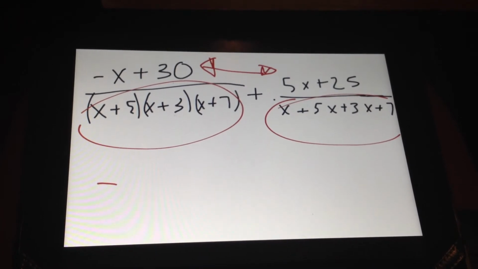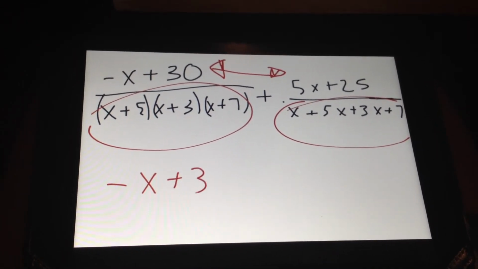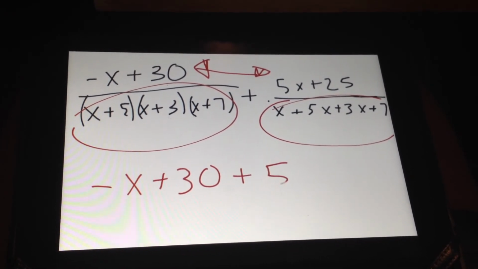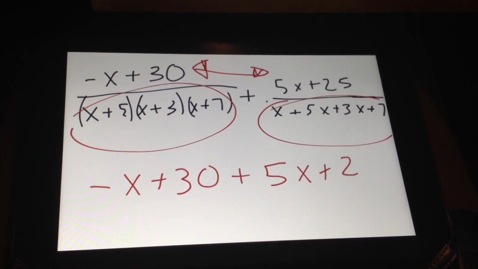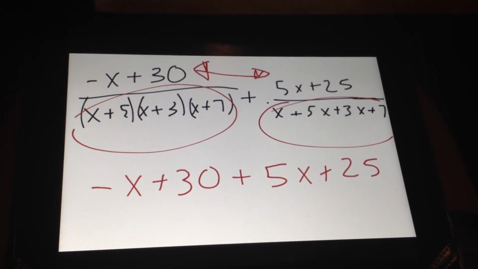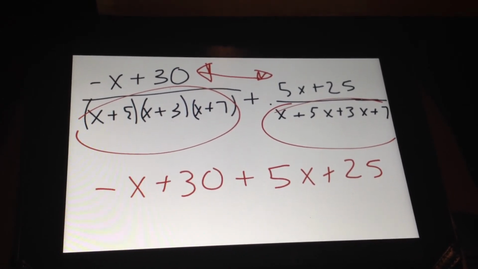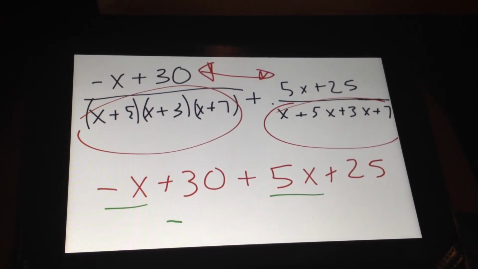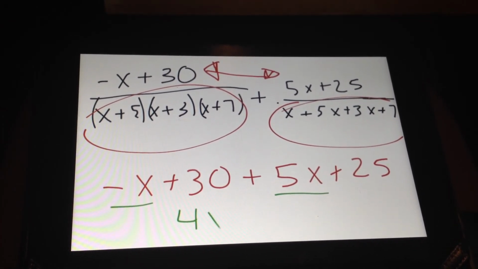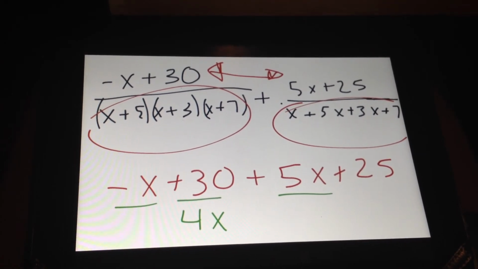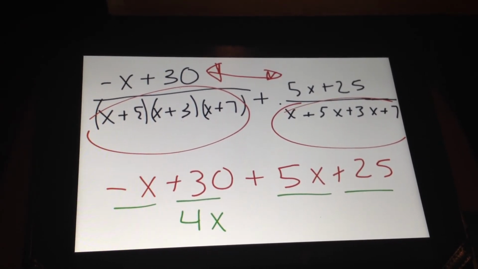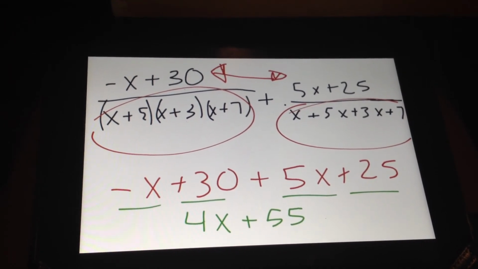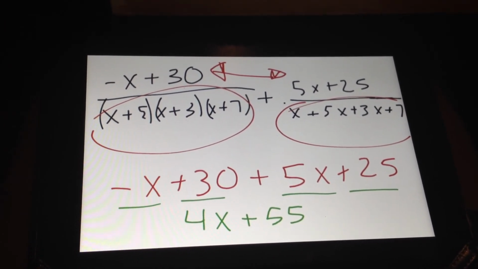So we add negative x plus 30, and then add the 5x plus 25. And then we combine like terms. The two x's add up to 4x, and then the two whole numbers add up to 55. So we end up with 4x plus 55 on the top.